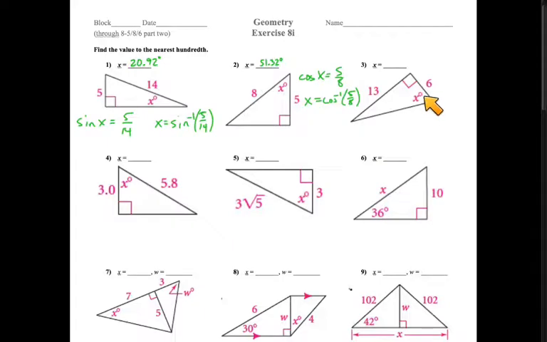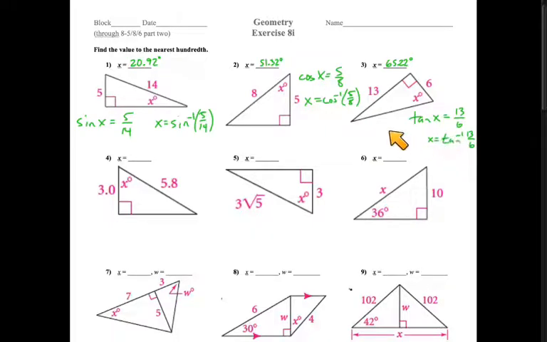From the perspective of the angle here, 6 is adjacent, 13 is opposite. This is the hypotenuse. Over here we don't know what it is. So which one uses opposite and adjacent? That's tangent. So the tangent of the angle is equal to opposite over adjacent. Then to solve for the angle x, x equals the arc tangent.